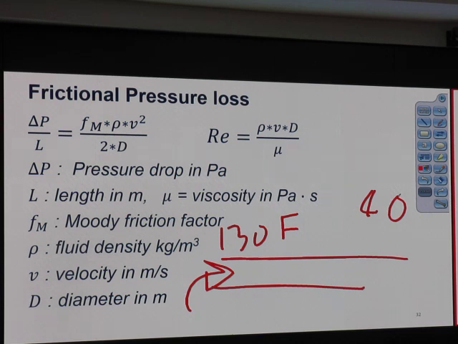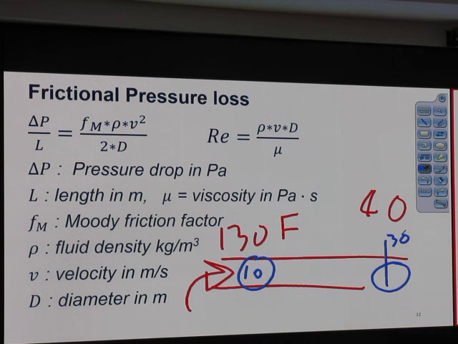Does it go up or go down? It goes up exponentially. When it's getting cold, it's a lot more viscous. So when it gets cold, it gets thicker. So viscosity at this location is maybe 10 centipoise. Over here, maybe 30 centipoise because of the change of the temperature.